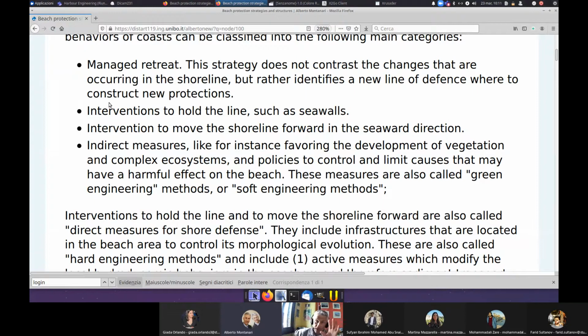It does not oppose erosion, but rather it is an adaptation to erosion. So if you have a kind of beach erosion, then you can manage a retreat. Of course, this is not always possible. And you manage the retreat in order to identify a new line of defense.